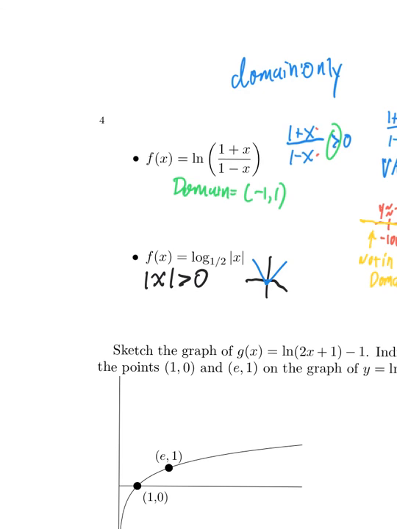I really don't like drawing on a tablet. There it is. So it looks like it's 0 at 0, it's positive when x is negative, it's positive when x is positive. So the only bad thing is 0. Domain equals all numbers but x equals 0.